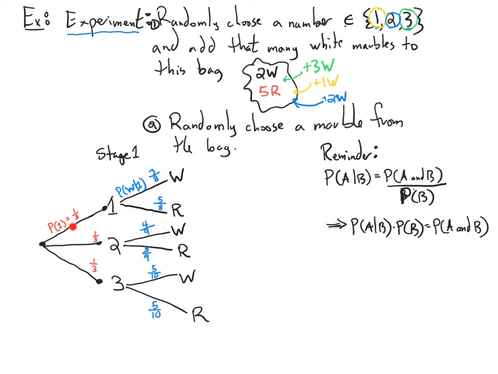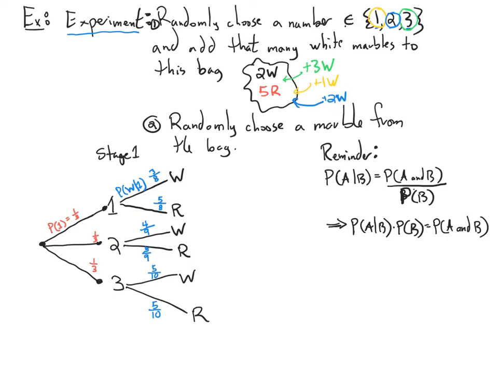If we go up this branch, the probability of rolling a 1, and then this branch, probability of getting a white, given that you rolled a 1, well, in this case, our B is rolling a 1, and our A is picking a white marble. So if we multiply these probabilities, we get the probability of doing both, of starting here and saying, well, what's the probability if you start right at the start that you pick a 1 and pick a white marble? So we can multiply these together.